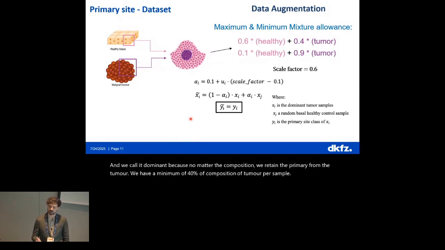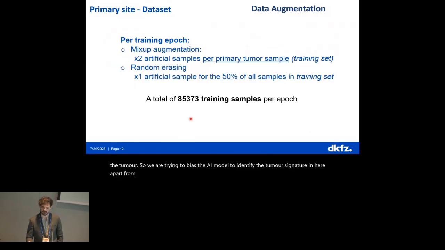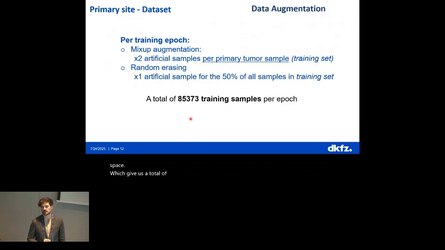But even in this case, as I said, the primary label of the class is going to be the primary site of the tumor. So we are trying to bias the AI model to identify the tumor signature here. Apart from that, we also have random erasing to mimic random dropouts in the feature space, which gives us a total of 85,000 samples per training epoch.